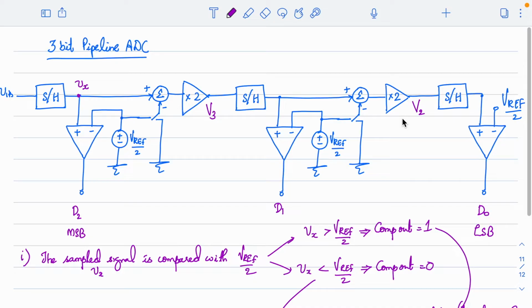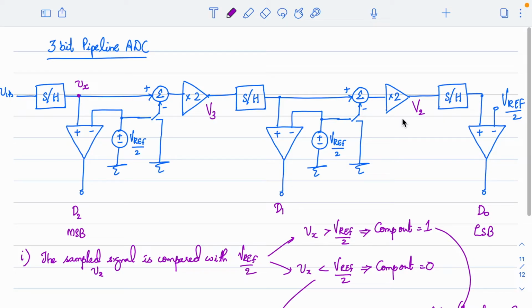So this is a fundamental operation. For a pipeline ADC, for an n-bit ADC, there will be n stages, and every stage will have a sample and hold circuit, a comparator, a summer and an amplifier. How it works is, your input signal will first be sampled. Once it is sampled, it will be compared with the help of the comparator with the reference voltage of Vref by 2. Based on the comparison result, the comparator will directly give you the digital output, and the summer will perform an operation.